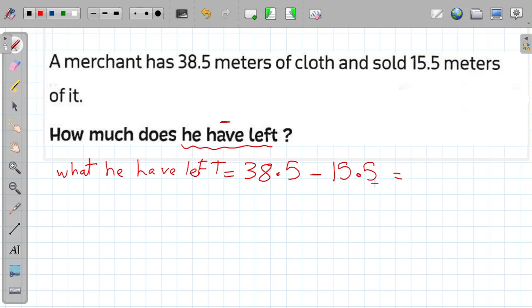Okay, so 5 minus 5 equals 0. 8 minus 5 equals 3, and 3 minus 1 equals 2, so it will be 23.0 meters, or maybe I will say 23 meters.